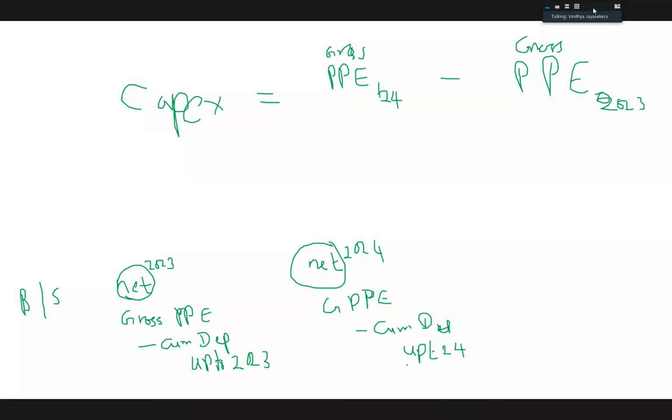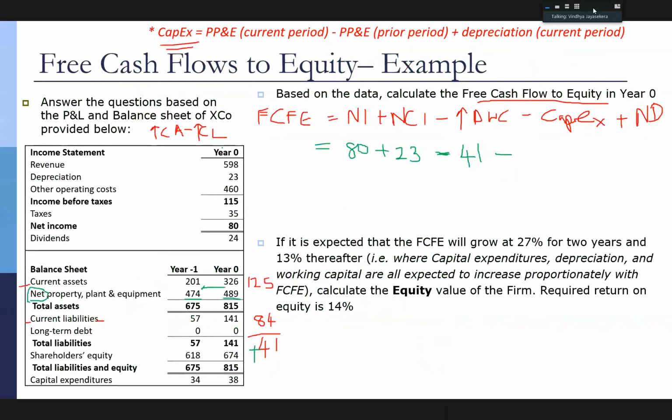That's why when we use CapEx, we look at this year's net property, plant and equipment, if you're using net, right? So let me just adjust this equation. If you're using gross, no adjustment. But if you're using net, you look at the current period minus the prior period and you add back this year's depreciation. And that's enough for you to come up with what is your CapEx for the period.